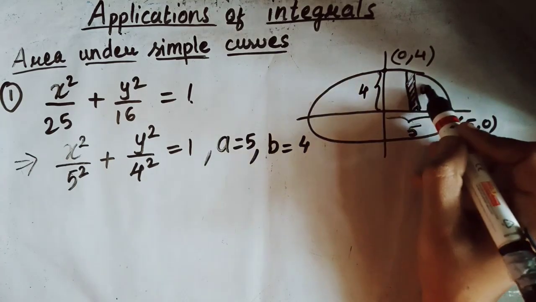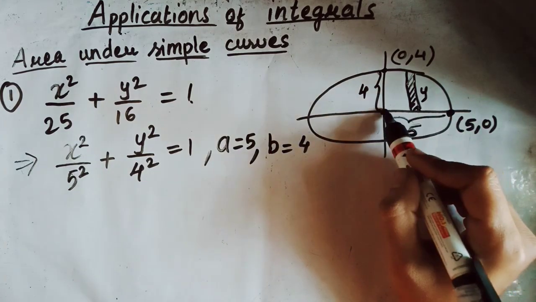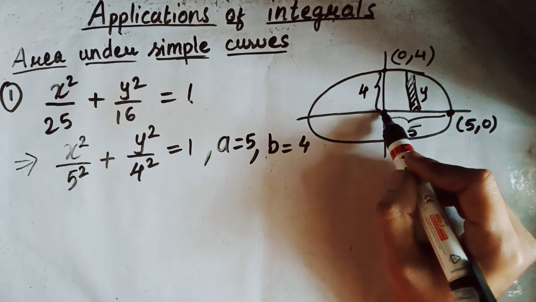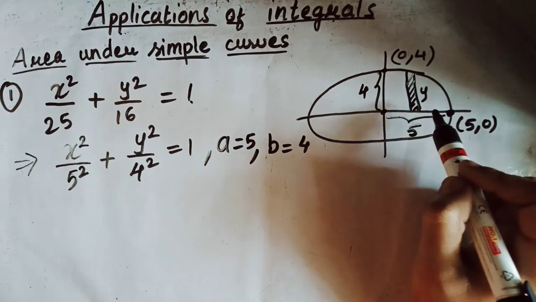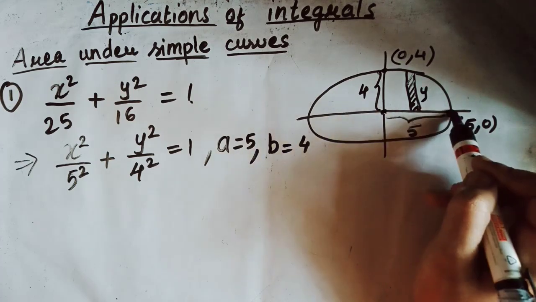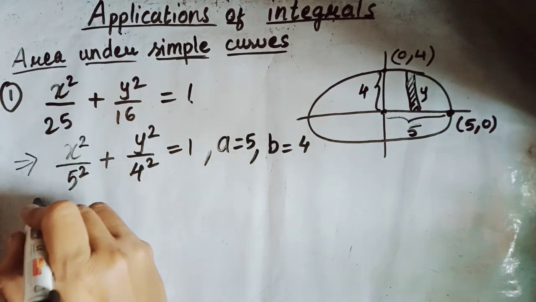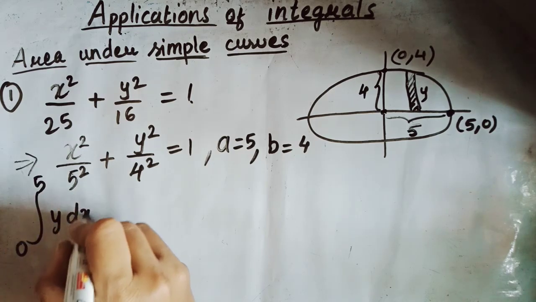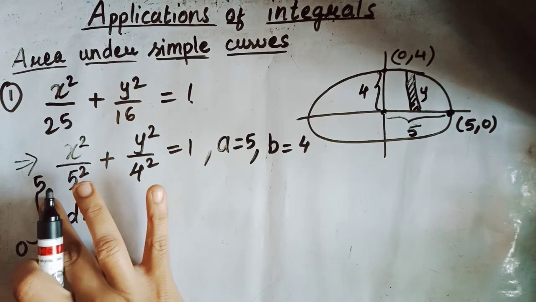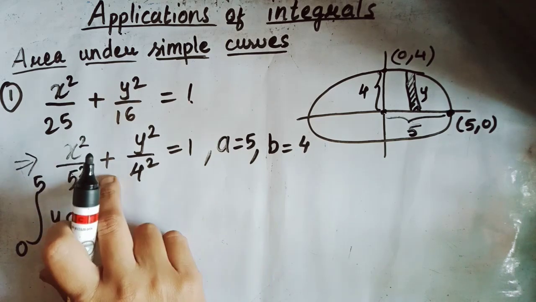It is a y strip, and x is changing, so you have to take 0 to 5. So this will be integral 0 to 5 of y dx, and y you can write in terms of f of x. So you have to find y from this first.